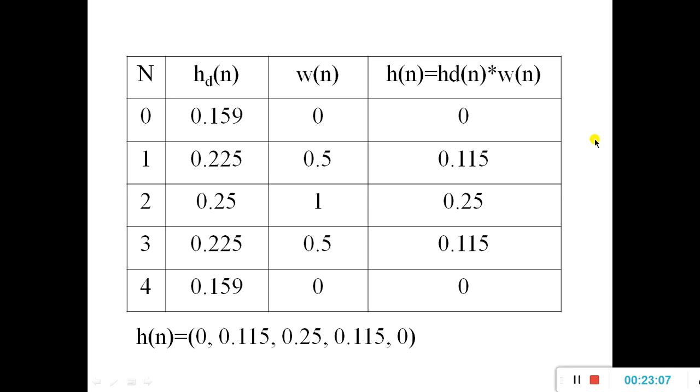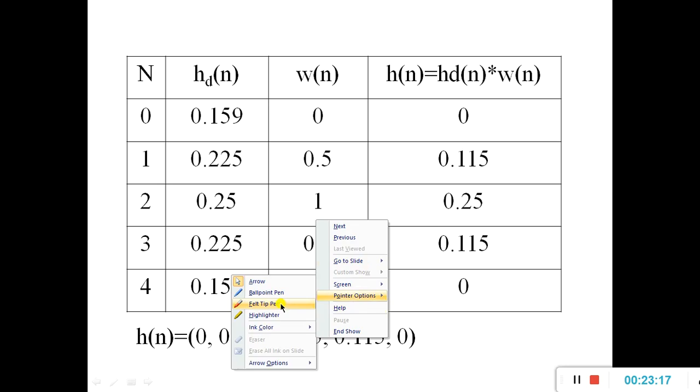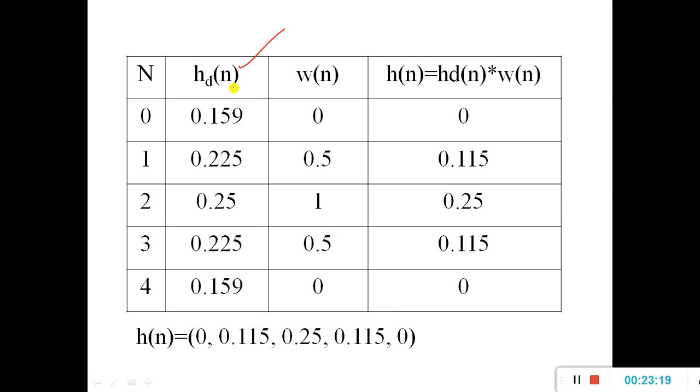So we have calculated the values of hd of n and wn. hd of n is through the derivation that we have done, and wn is the formula of the Hamming window.